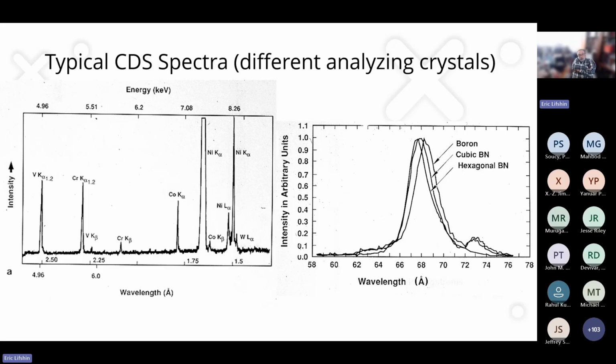If you think about Bragg's law, lambda equals 2d sine theta, sine theta can never be greater than 1, so lambda can never be greater than 2d. So if I use a lithium fluoride crystal that has a d spacing of 2 angstroms, I'm limited to wavelengths up to 4 angstroms.